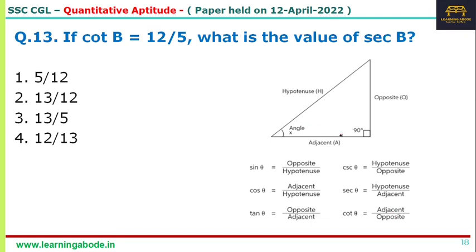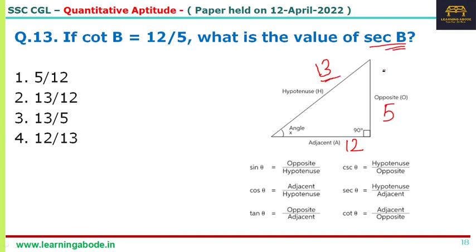So adjacent side is 12, opposite side is 5. Pythagorean triplet, we know the hypotenuse should be 13, because 12 square is 144, 5 square is 25, 144 plus 25 is 169, which is 13 square. So hypotenuse is 13.